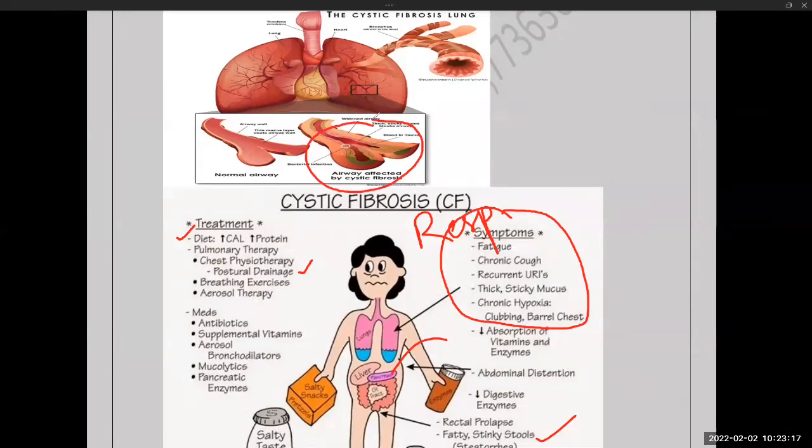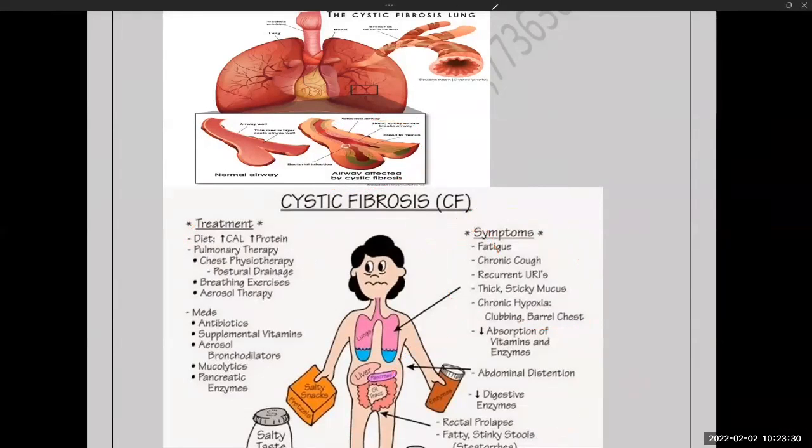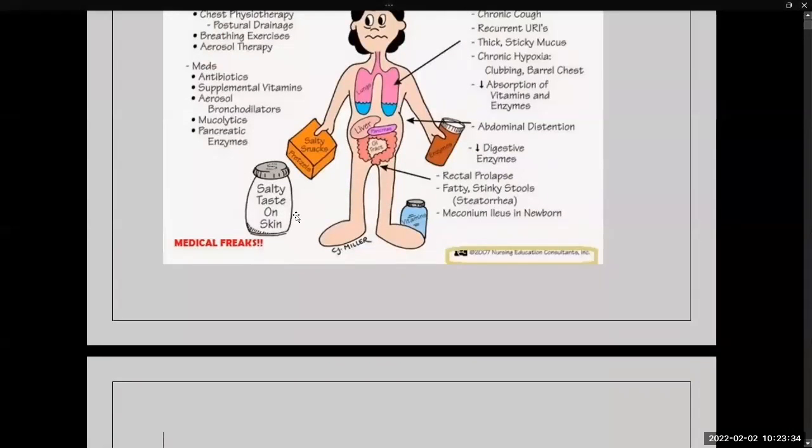Mucolytics. Why? To thin the secretions. Pancreatic enzyme. Why? Because pancreatic enzyme is less here. Okay, and the main classical hallmark sign of cystic fibrosis is the salty taste on the skin.